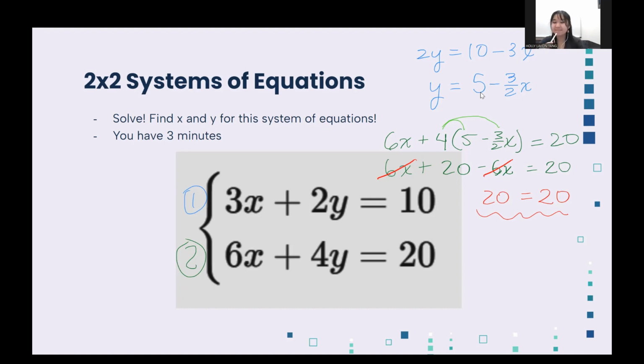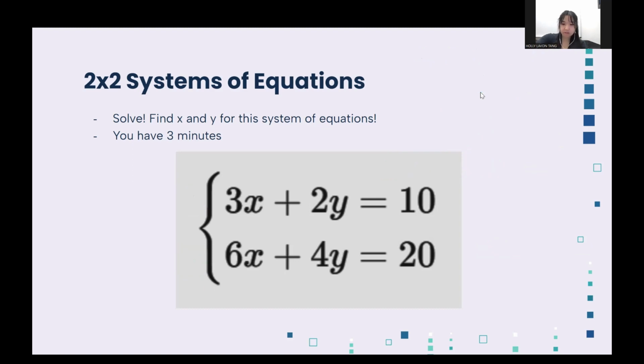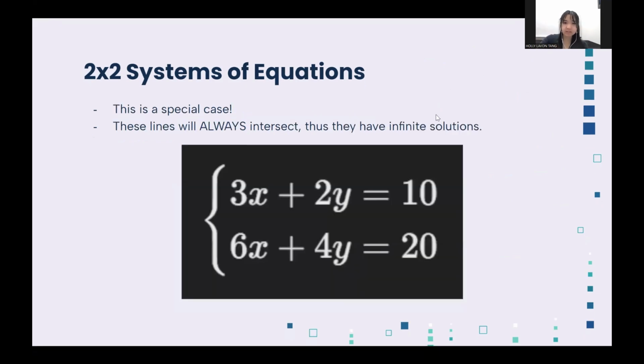If we had 0 equals 20, then that would be no solution. Every single line will always intersect, so they have infinite solutions.